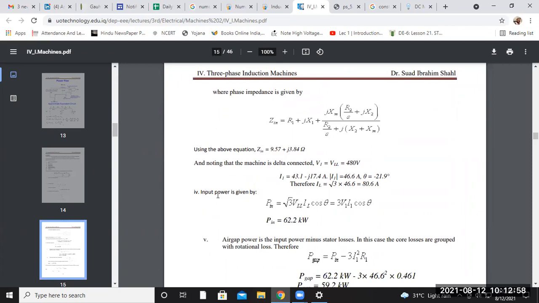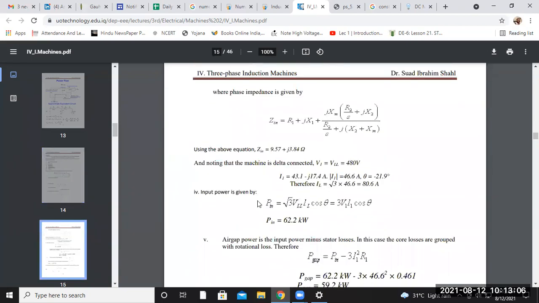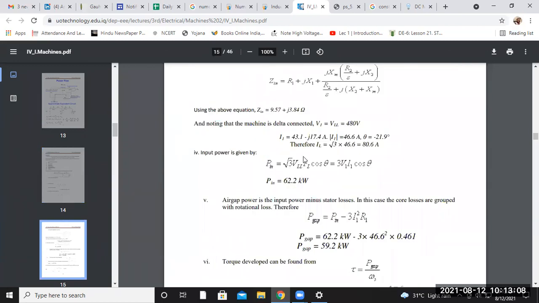Now, what is the value of the input power? This is your three-phase machine. So accordingly, if you apply the formula root 3 into V line IL cos theta, you will get the input power. Either you can use this formula or you can use the phase value. As the line current has the value root 3 into phase current, just put the value of line current equal to root 3 into phase current.